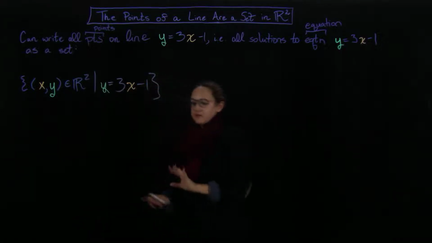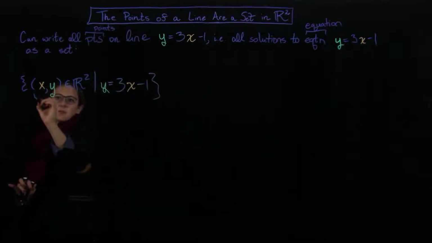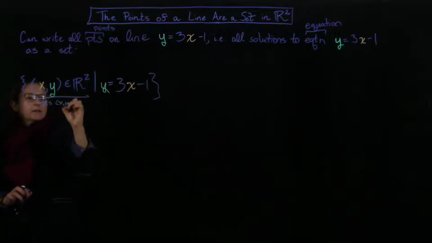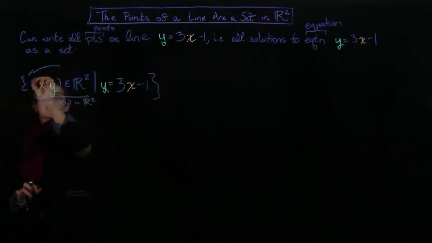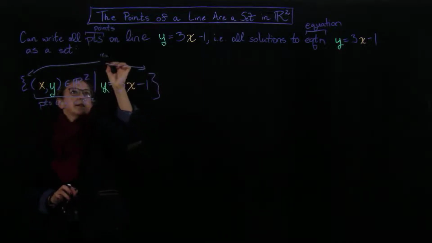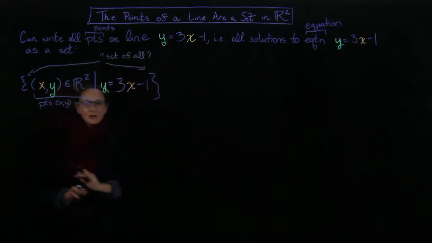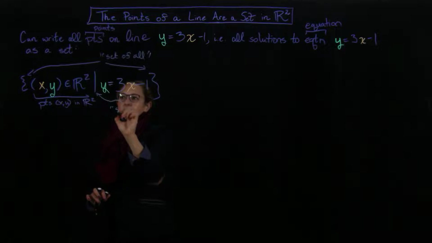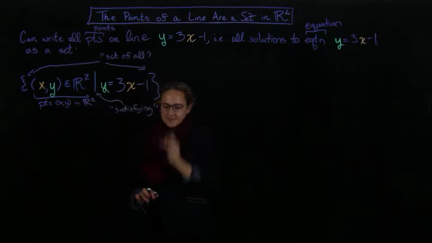And just to remind you, what is going on there? What is this all saying? These are points x, y in R2. That's this part. When we look at these together, this is the set of all points in R2, and then this line can be thought of as satisfying y equals 3x minus 1.